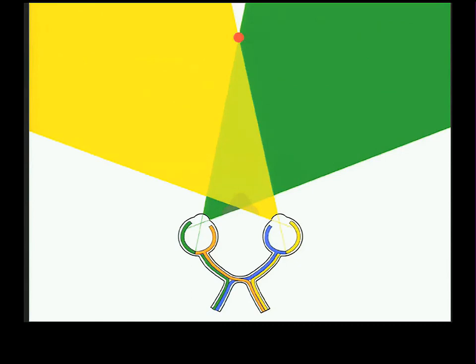So people who have bitemporal hemianopia also have problems with what's called stereopsis, that is telling how far things are relative to one another. So they also have accidents because of that. They can't gauge distances of objects relative to one another except in this narrow area where you have overlap of the visual field.